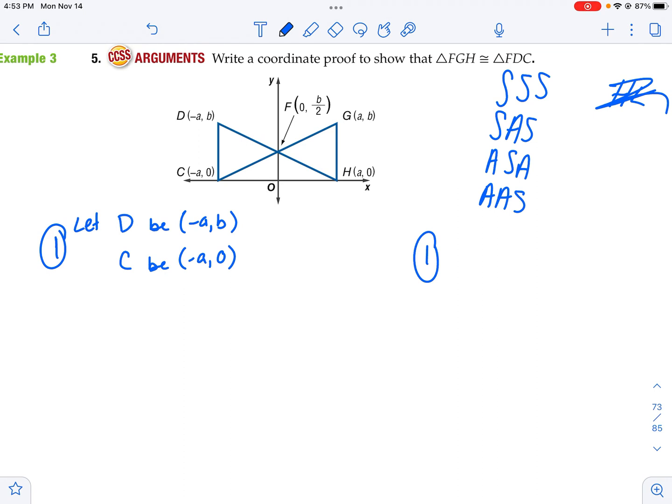I would say let F be 0, comma B over 2. Oh, goodness, I'm running out of room. I'm going to let G be A, comma B, and then I'm going to let H be A, comma 0. Those are my points. Those are my givens.